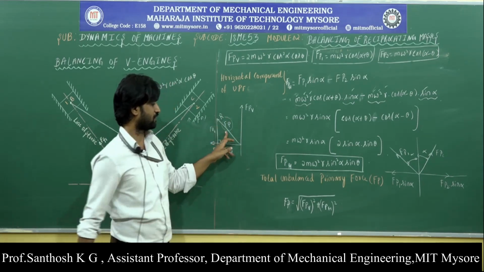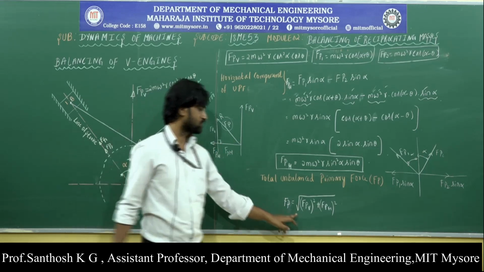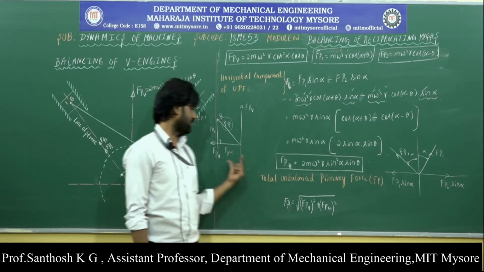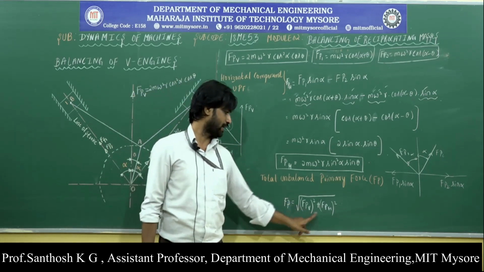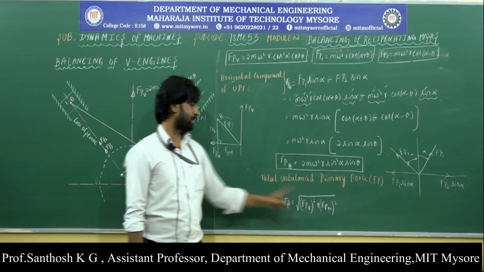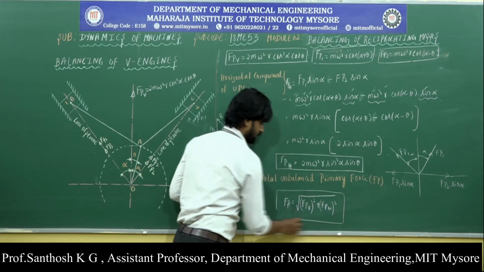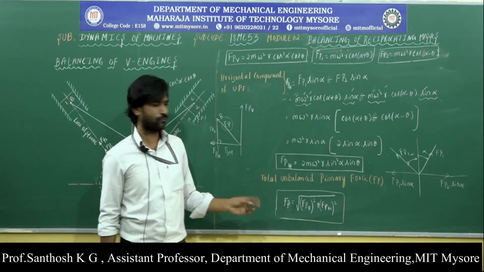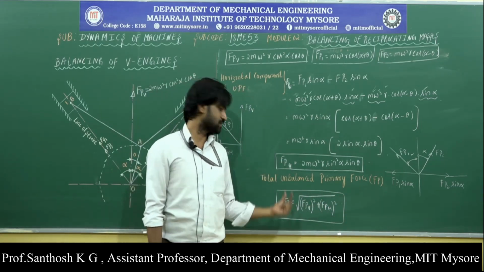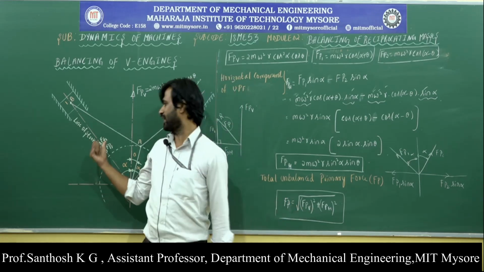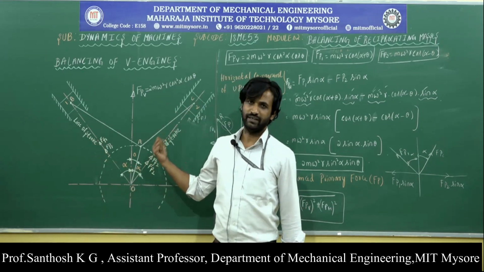By making use of the Pythagoras theorem, I can write it as the square root of Fpv square plus Fph square. So this is the formula that we can use in order to find the unbalanced primary force in case of a V engine.